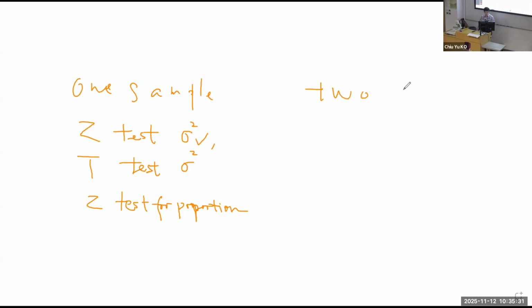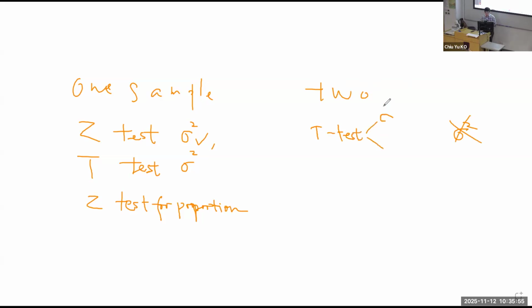And there are two samples. You also have 3 cases we covered. The first is when we don't know sigma square, so there will be a t-test. There are 2 cases.